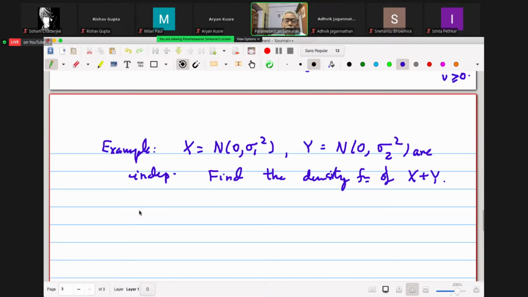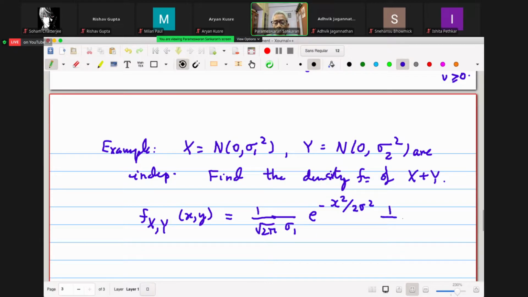So let us do this. So f of x comma y of x comma y is equal to 1 by root of 2 pi sigma 1 e power minus x square by 2 sigma 1 square, times 1 by root of 2 pi sigma 2 e power minus y square by 2 sigma 2 square.